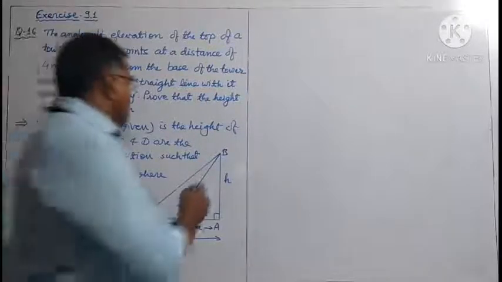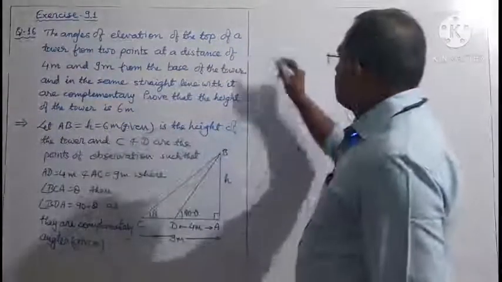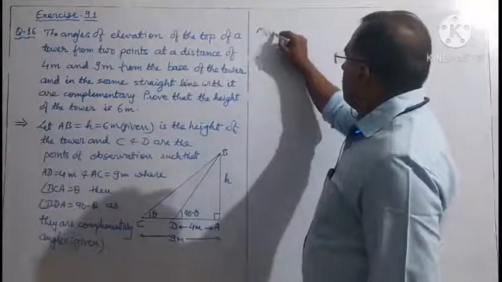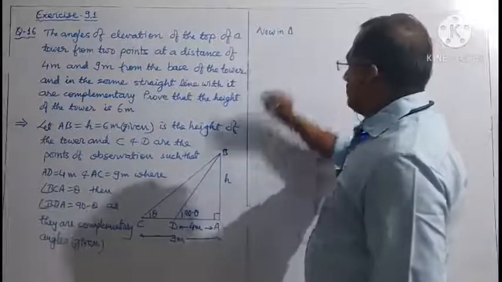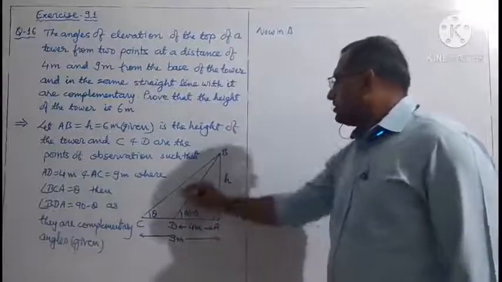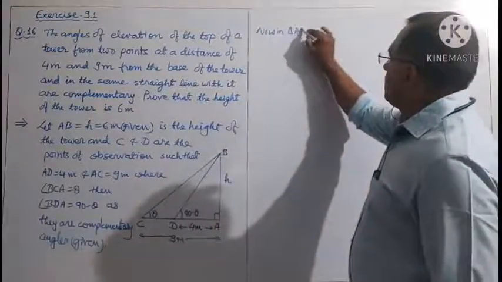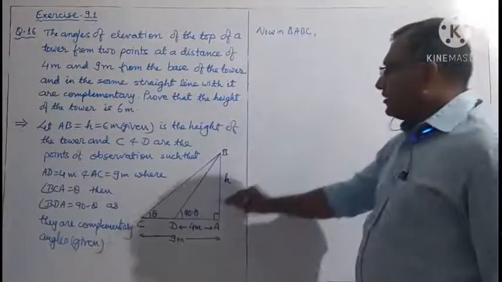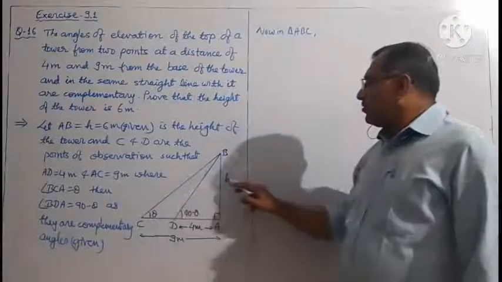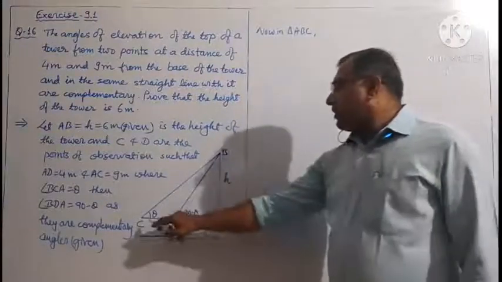Now we can proceed with the triangles. In triangle ABC, this is theta, with the opposite side and adjacent side.